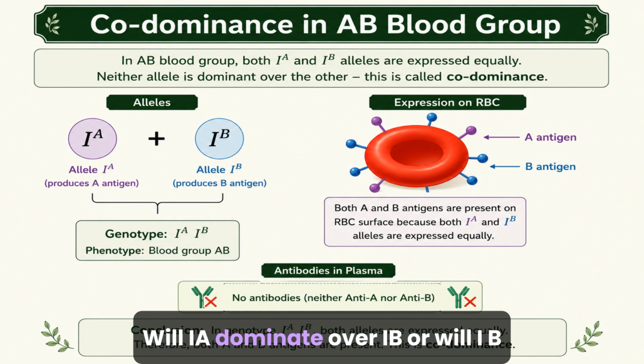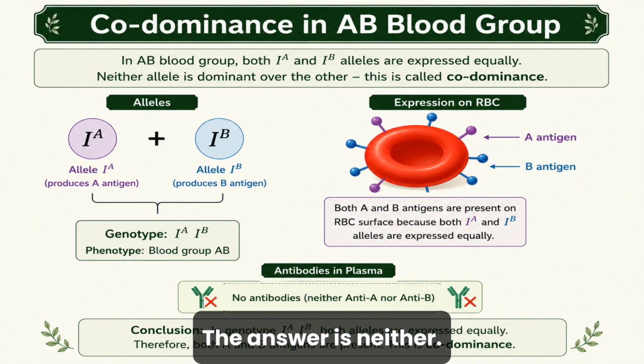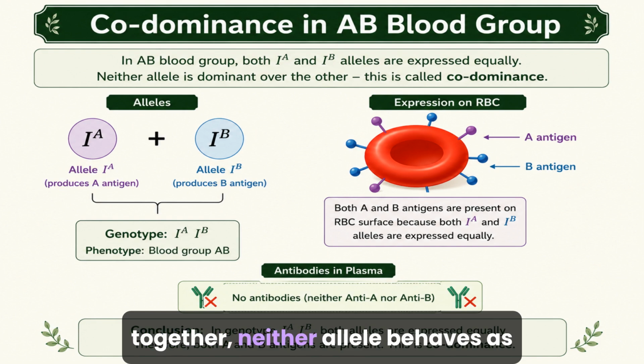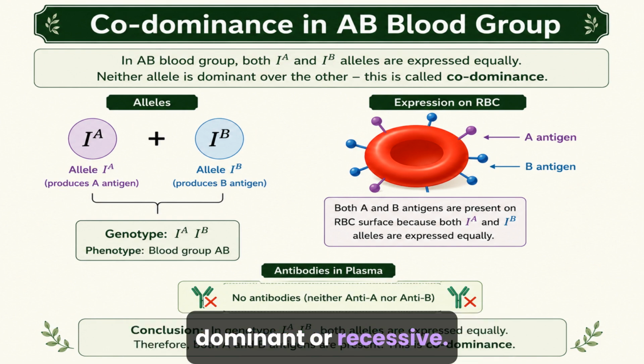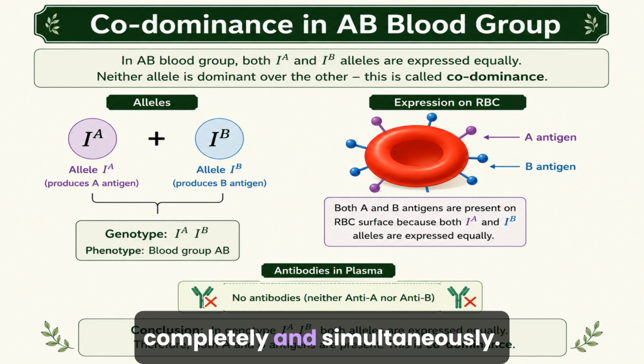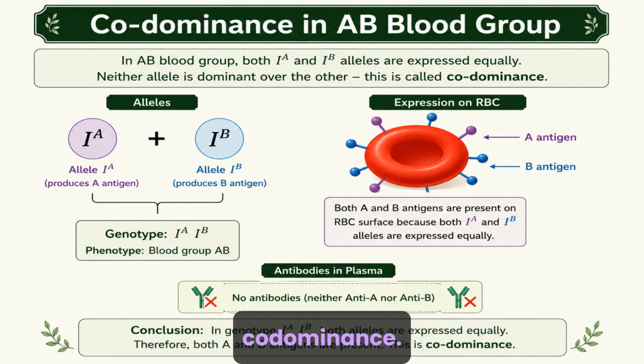Will IA dominate over IB, or will IB dominate over IA? The answer is neither. When both IA and IB are present together, neither allele behaves as dominant or recessive. Instead, both alleles express themselves completely and simultaneously. This phenomenon is known as codominance.